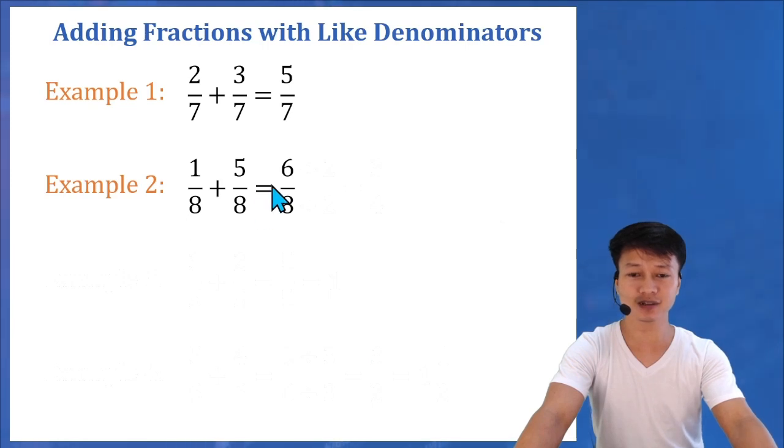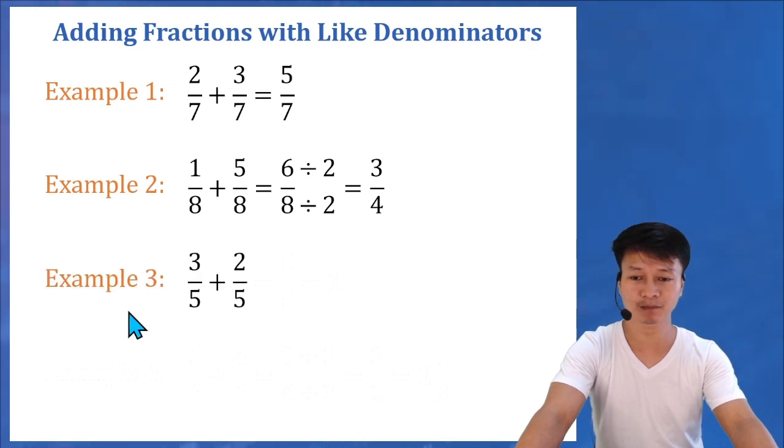To simplify 6 over 8, we divide them by their greatest common factor, 2. So 6 divided by 2 is 3, and 8 divided by 2 is 4. So the final answer is 3 over 4. We cannot simplify 3 over 4 anymore because they are relatively prime.